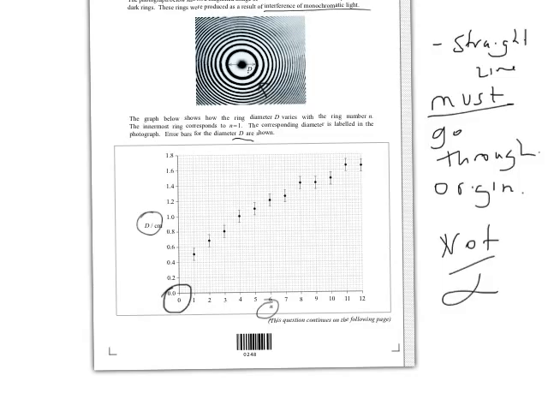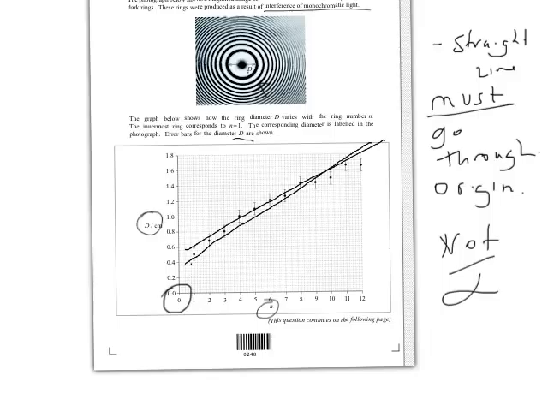The next thing it asks for is a line of best fit for the data points. Now, it's so tempting to try and draw a line of best fit because it looks like a line. But if you try to include all the uncertainties, it doesn't matter what you do, you always miss some of the points. It's clearly impossible to include all the points by trying to get a straight line through the error bars.